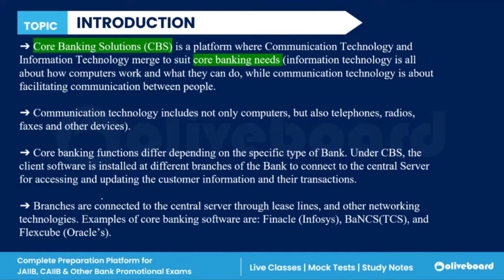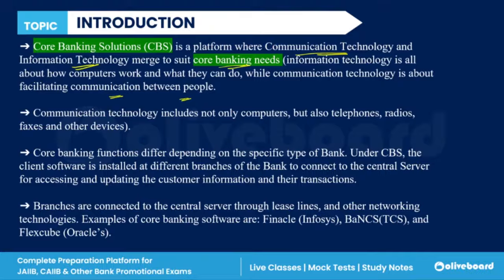Actually, it is an environment where communication technology and information technology merge together and suit the core banking needs. Information technology is all about how computers work, while communication technology is about communication between people.